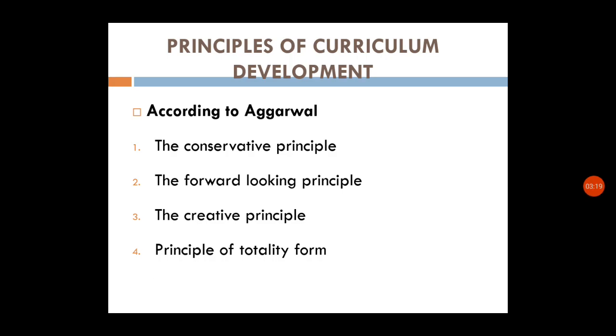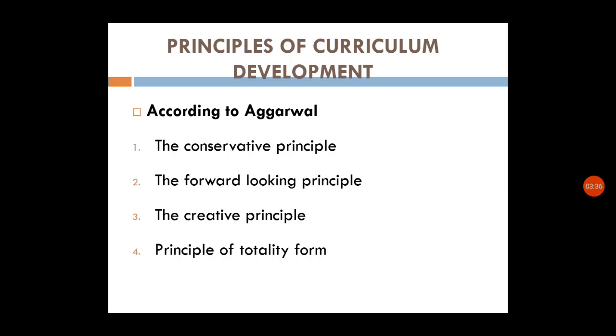the principle of totality form. When you are preparing the curriculum, it may be divided into different years or semesters, and also into terms, or it can be for a year.